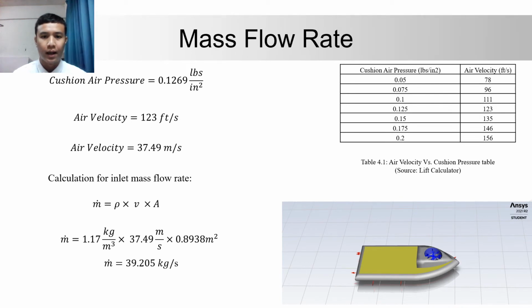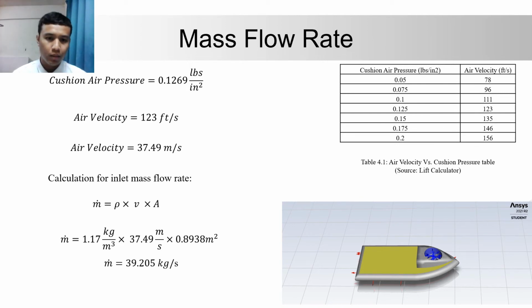Okay, next is mass flow rate. We get the cushion air pressure from the lift calculator, and we get 0.1269 pound per square inch. And we have to refer to the table given, which is here around 0.125, and I did interpolation to get the air velocity, which is in feet per second.